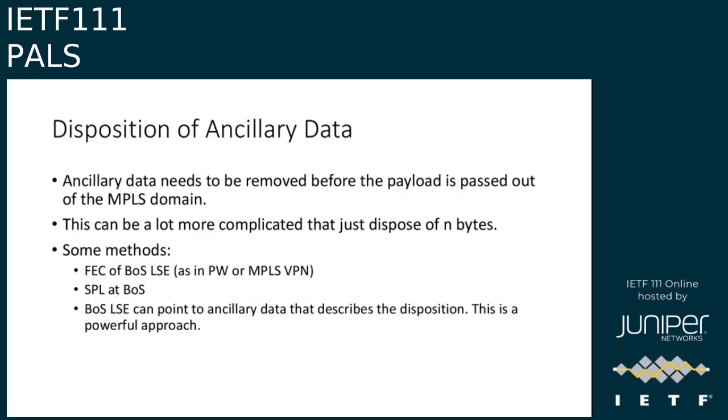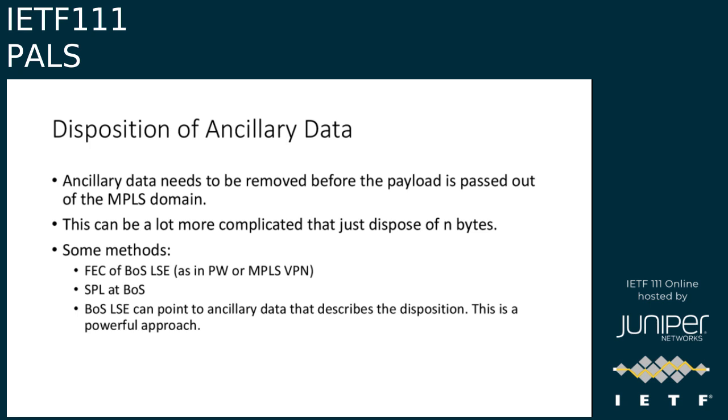Something that's important to understand with all of these techniques is the need to describe the disposition of the ancillary data. So once the packet has got to the edge of the network, we need to remove the ancillary data. And this can be a lot more complicated than just simply disposing of n bytes. There are a number of techniques that we've explored for finding the disposition data.